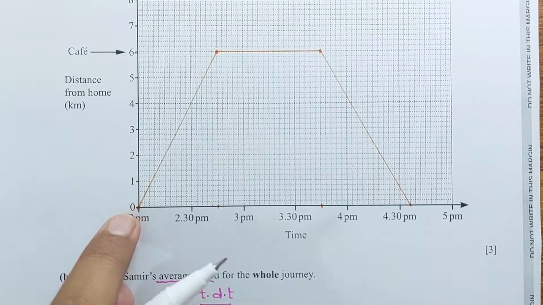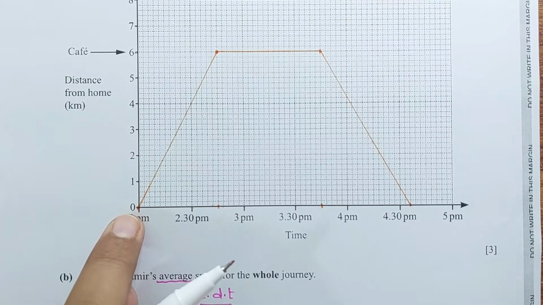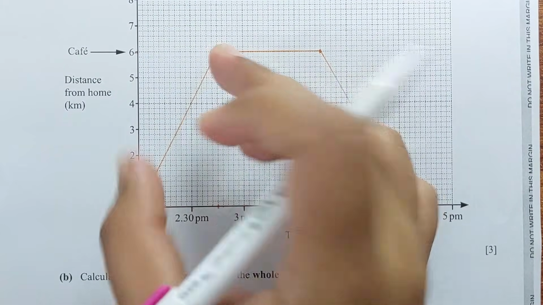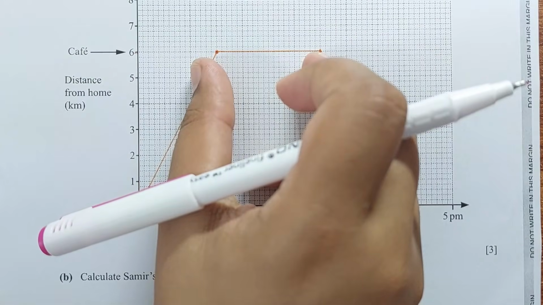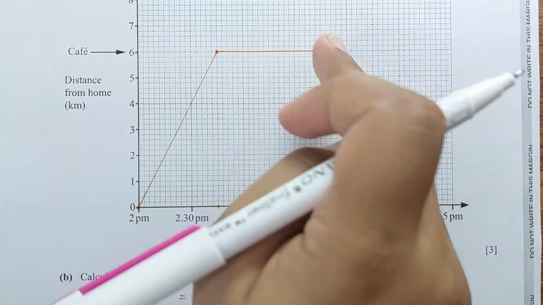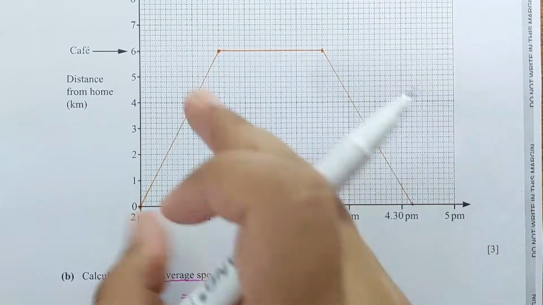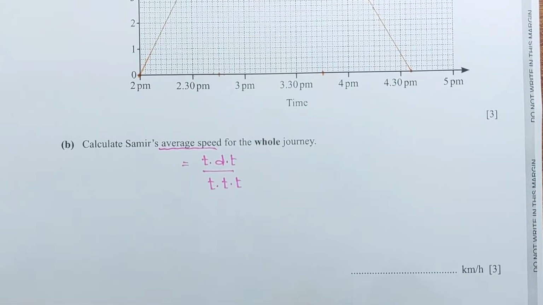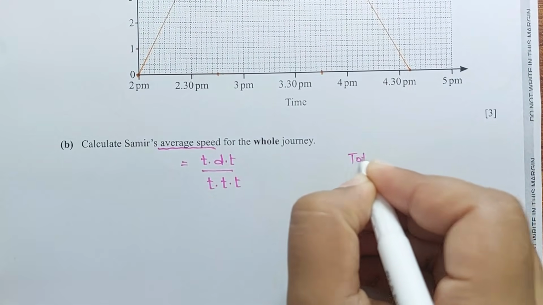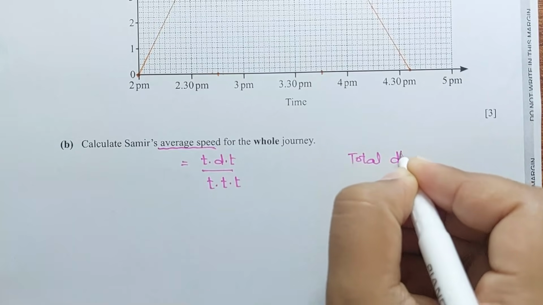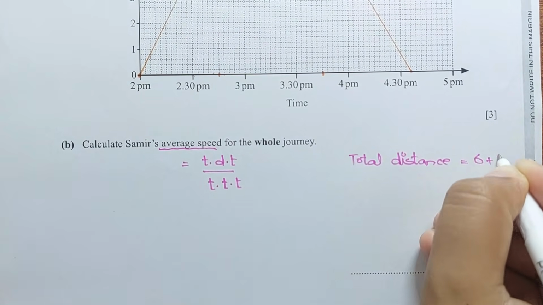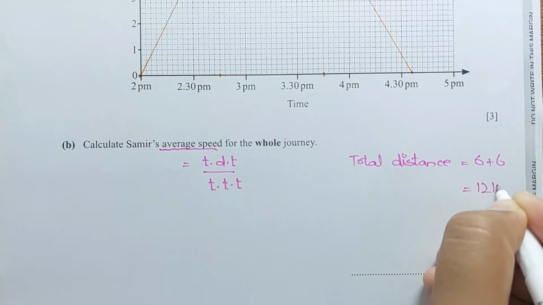He leaves home with distance 0, reaches the cafe having traveled 6 kilometers, rests in the cafe, and then travels from the cafe back home, another 6 kilometers. So 6 plus 6, the total distance is 12 kilometers.